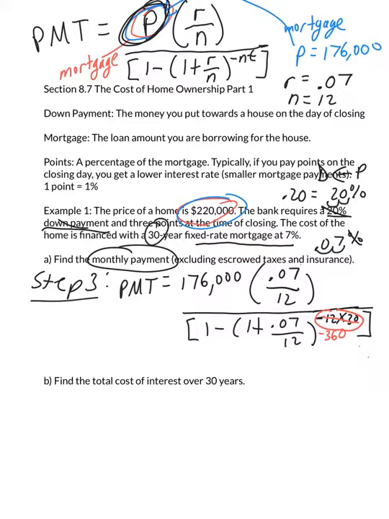Now it's just a matter of plugging it into the calculator and rounding it however the homework question specifies. So let's just go ahead and say that they want the nearest dollar.